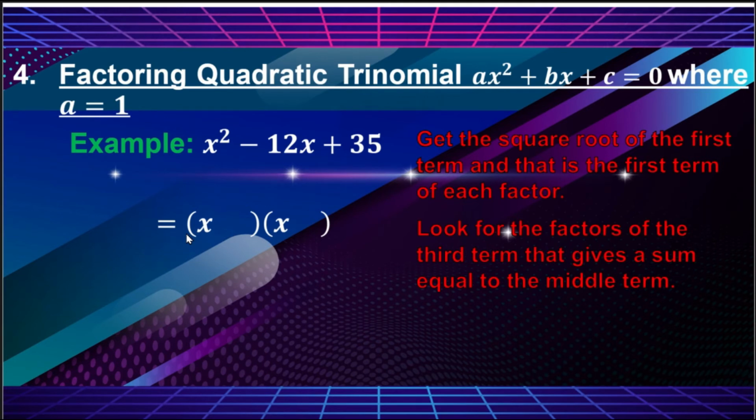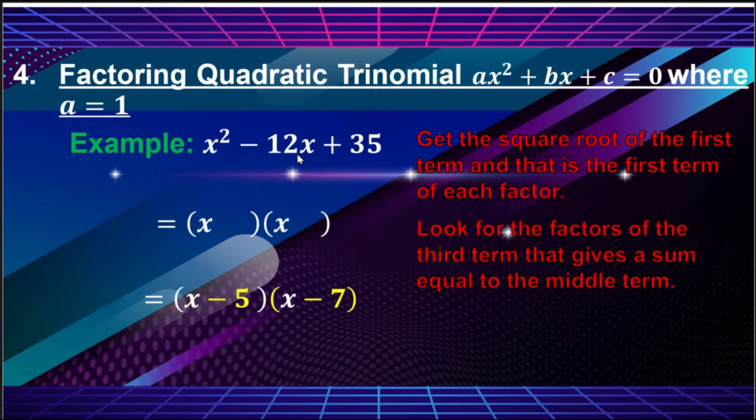Next, look for the factors of the third term that give a sum equal to the middle term. Our third term is 35. We are going to look for the factors of 35 which, when added, should equal negative 12.